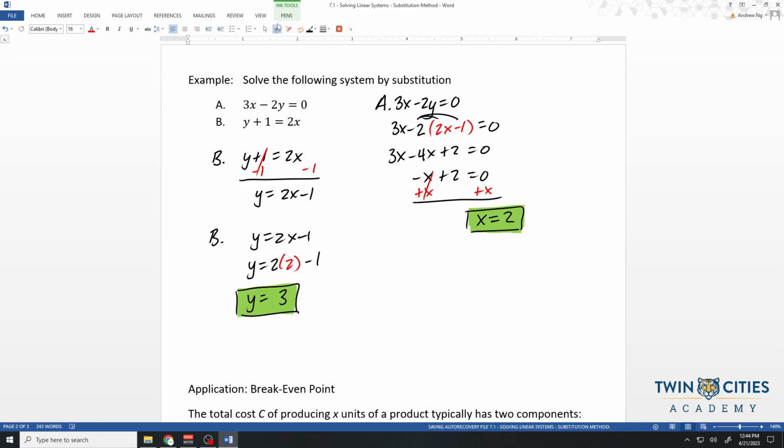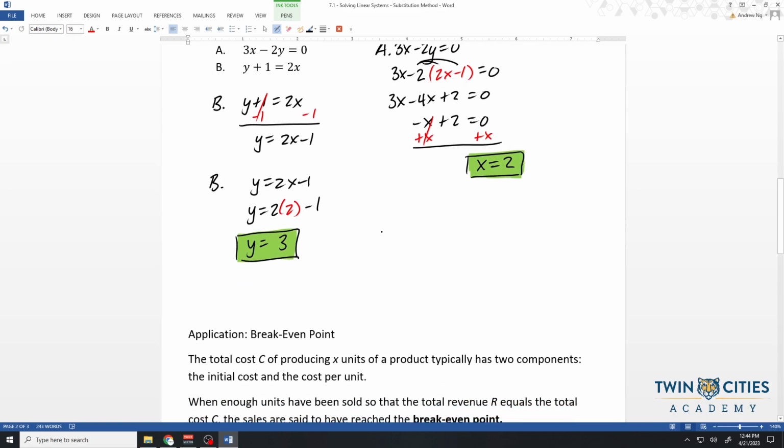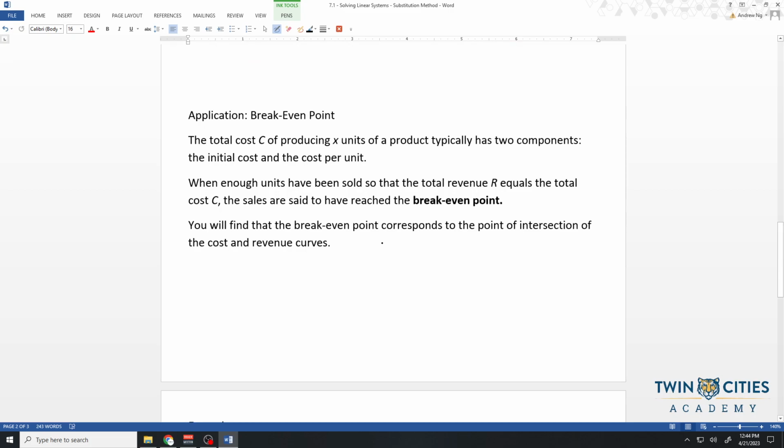Now there are some real-world applications to this as well. For example, in business, you want to find where the break-even point in your business might be. Let's say that you are making some product, and then you're selling it. You want to know at what point do your costs equal your revenue so that any sales that you make after that are profit.